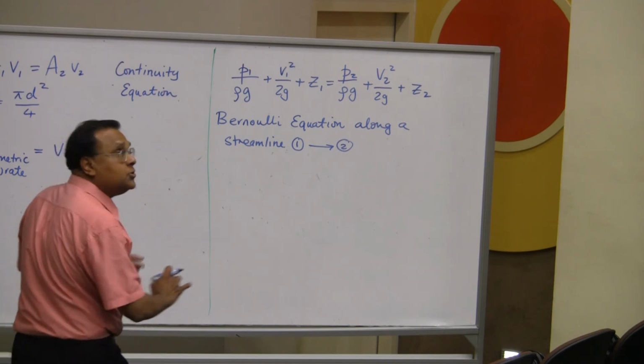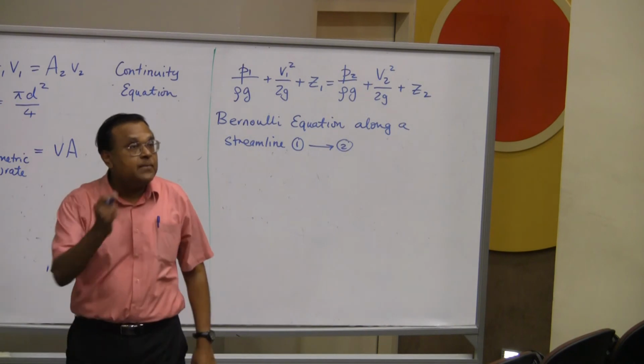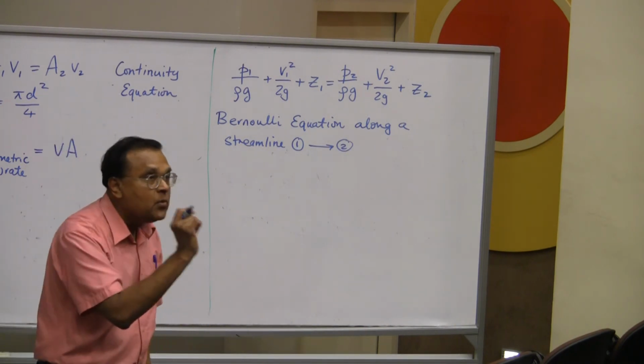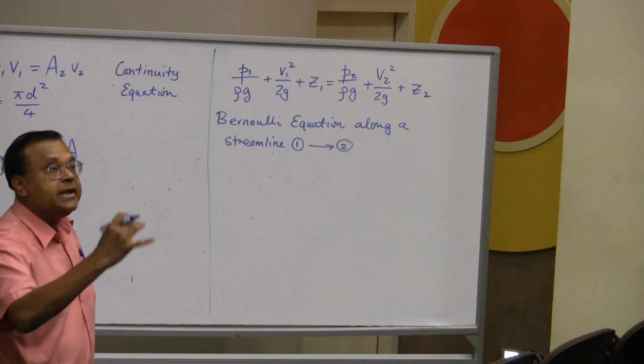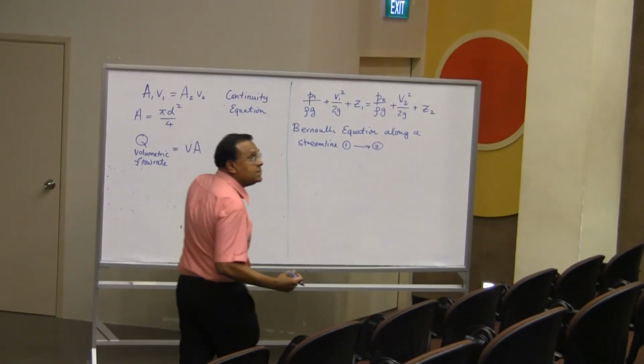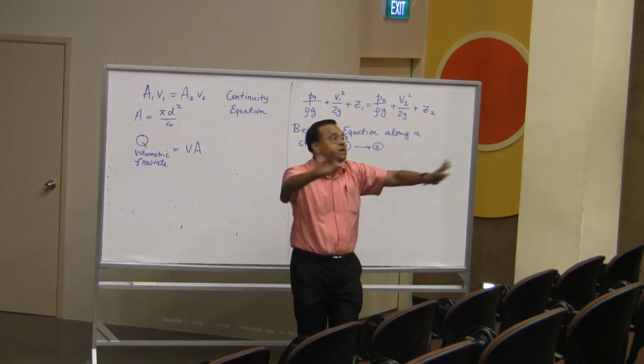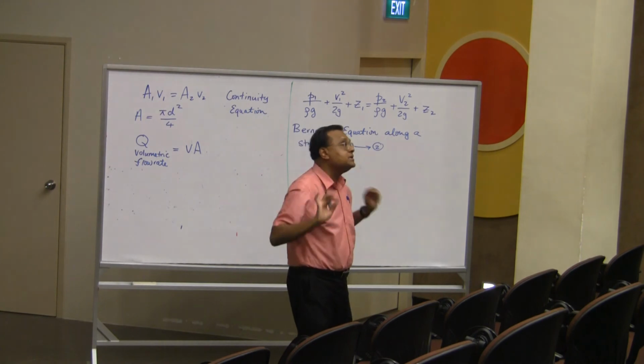In the pitot tube also, you have the streamline. Look at the example carefully, see where the point 1 and the point 2 are and how it is simplified. In the case of a pitot tube, Z1 and Z2 are the same because it's a horizontal tube.